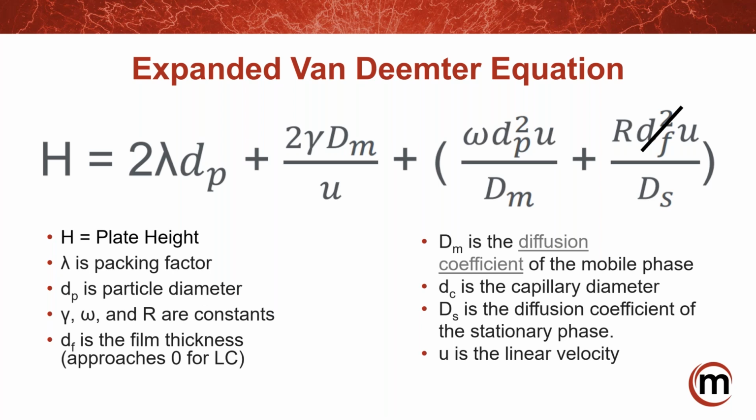He wrote an equation for gas chromatography and liquid chromatography, and depending on which you're looking at, you'll use the equation one way or another. Because we're looking at liquid chromatography, on that C term, one portion of it is canceled out, so that goes to 0.